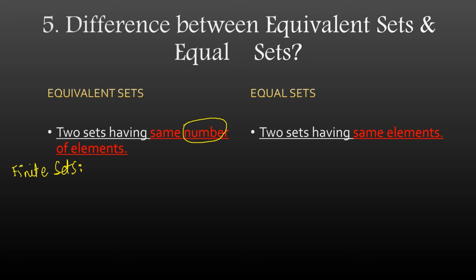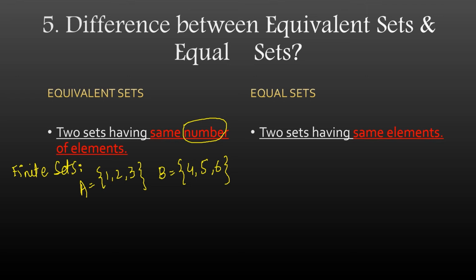For example, consider the set A equal to 1, 2 and 3 and another set B equal to 4, 5 and 6. These two sets are equivalent because set A has 3 elements and set B also has 3 elements.